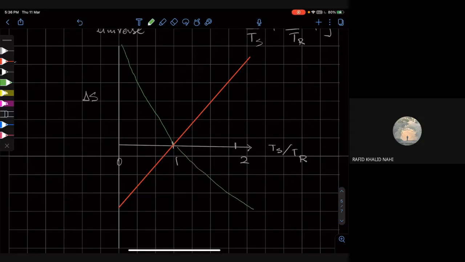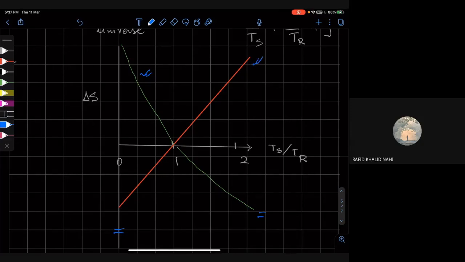And if you look at the total of these, of course, when we are over here, this thing dominates, but when we are over here, the linear line will dominate.